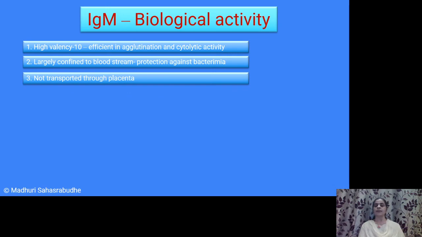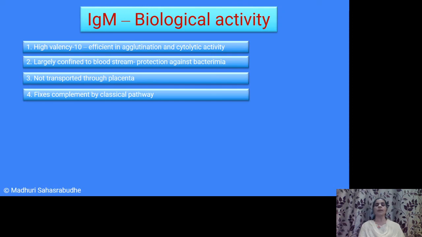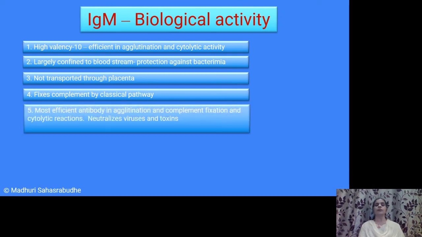It is not transported through the placenta. It fixes complement by the classical pathway. It is the most efficient antibody in agglutination, complement fixation and cytolytic reactions, and it neutralizes viruses and toxins, and therefore it is very important in bringing about a variety of antigen antibody reactions.